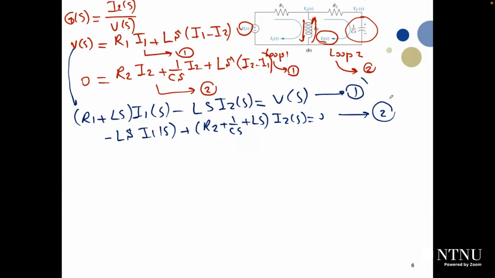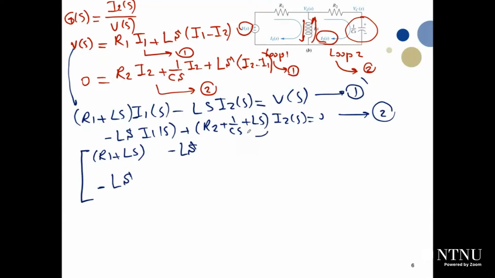So now I can write it in matrix notation, because this is something multiplied by I1 and I2. This one will be R1 plus LS, the coefficient of I1, and here we will put the coefficient of I1 also in the second row, so it will be minus LS. And in the second column, we will write the coefficient of I2, so it will be minus LS, right?